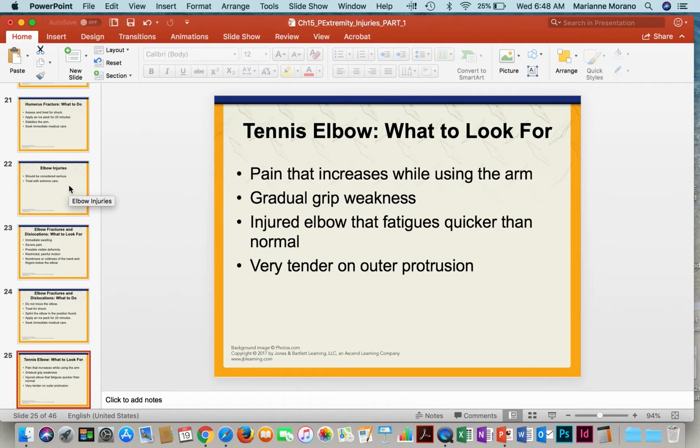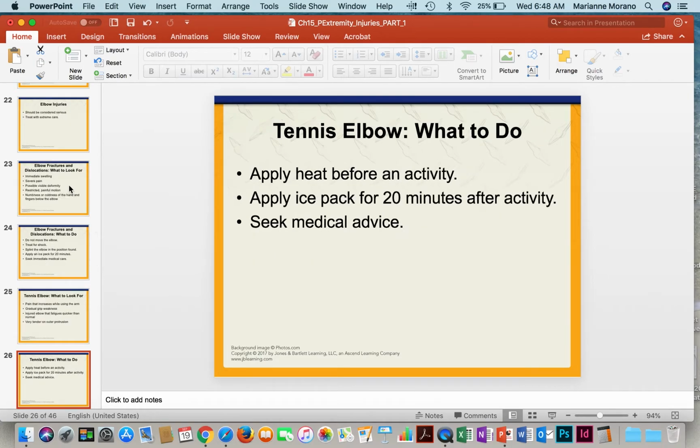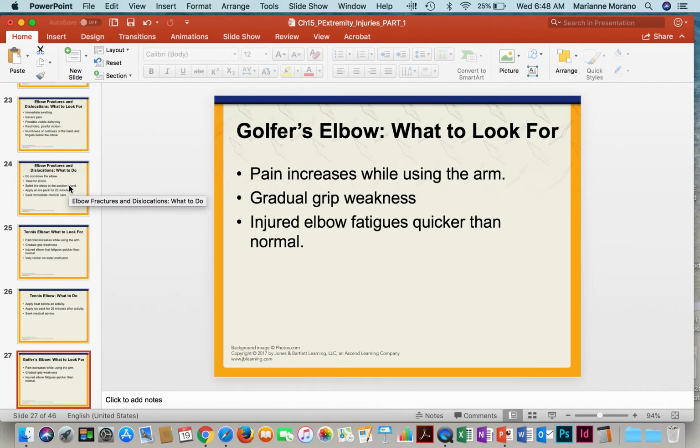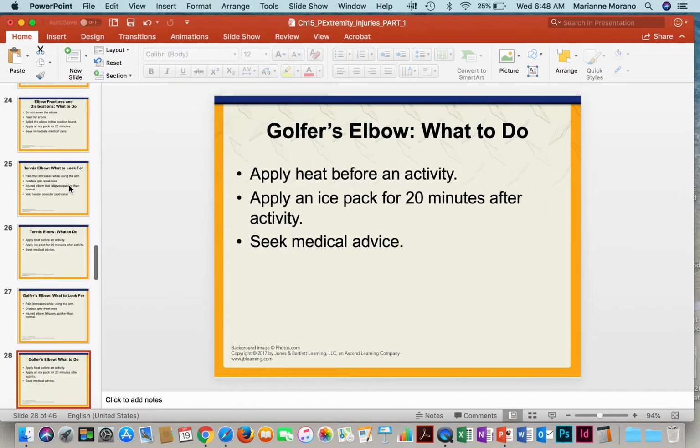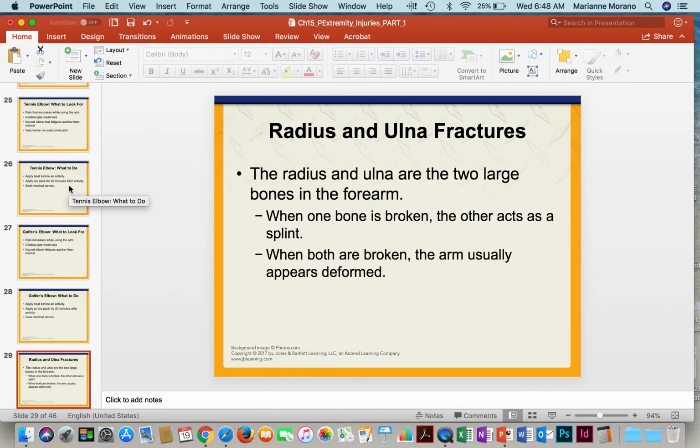It's a repetitive motion, and there's pain that occurs while using the arm. Usually the grip becomes weak, and it's very tender. Apply heat before an activity, ice after an activity, and seek medical advice. Golfer's elbow is similar to tennis elbow, and same thing, you want to apply heat before the activity and apply ice after, and also seek medical advice.